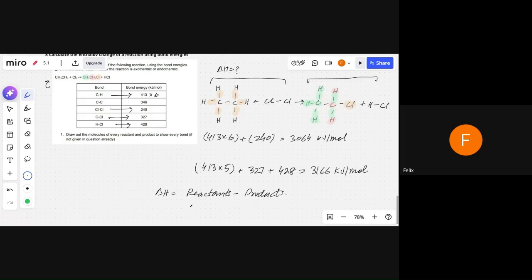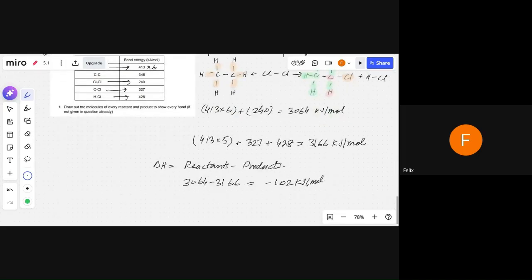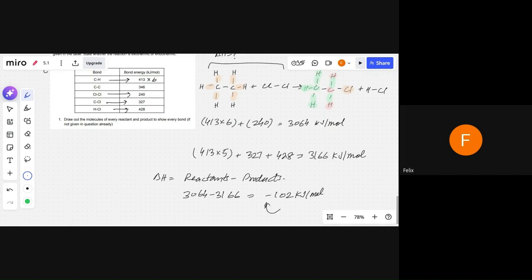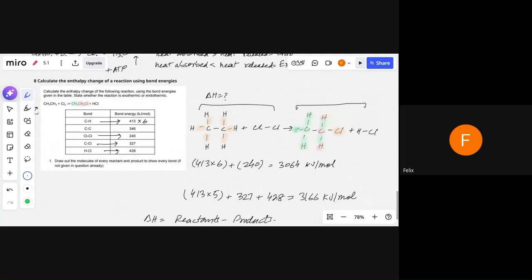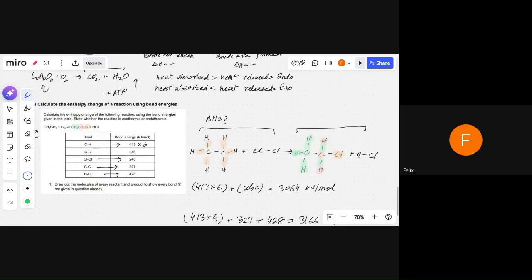So this will be 3064 minus 3166, and that's going to give you negative 102 kilojoules per mole. So now you can see that since delta H is negative, it means that this reaction is an exothermic reaction. So this is how you will answer these questions on the exam.